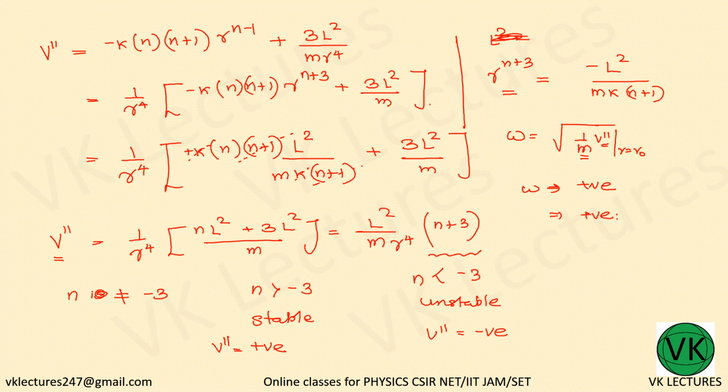Now we have considered force F is equal to a function of r, which is equal to C r to the power n. Now this n has to be always greater than minus 3. If you are considering the potential V of r, which is equal to K r to the power beta, then it should be greater than minus 2.